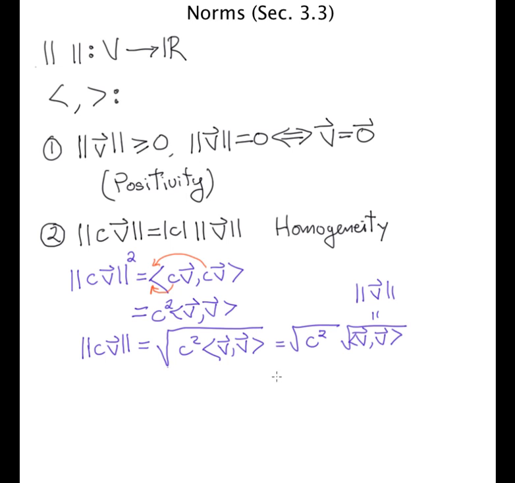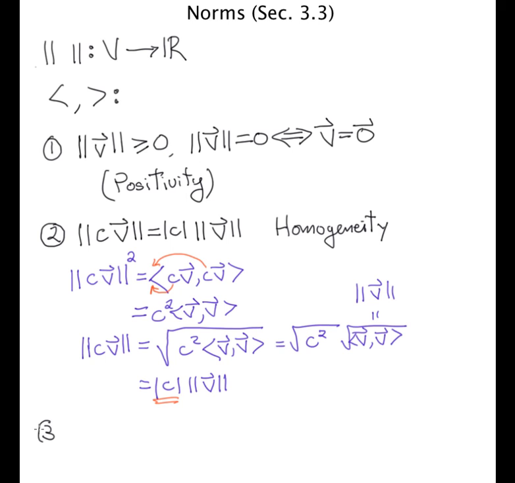Well, everybody that said C has to stay after class and clean the erasers. It's the absolute value of C times the norm of V. And why is it the absolute value? Well, because it's the square root of a positive number. It has to be positive. If you wrote C, that might be negative, and that's not allowed, so that's why you get the absolute value.